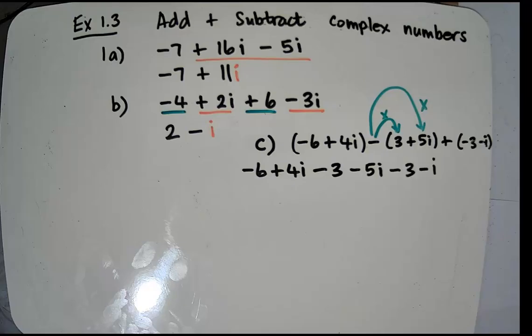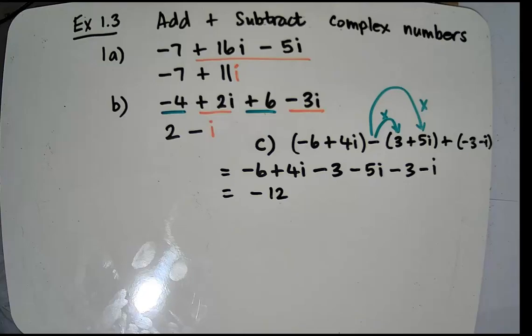Next thing you can do is underline your like terms. These are the real numbers. Minus 6, minus 3 will give us minus 12. Many learners make a mistake here and they say minus 6 minus 3 is minus 3. Minus 3 minus 3 is 0. Please use your calculator.